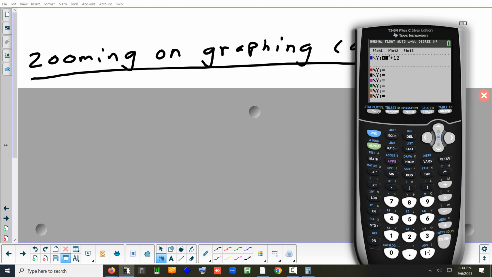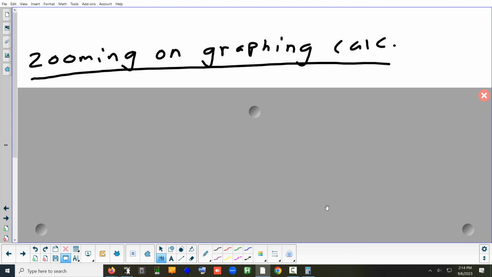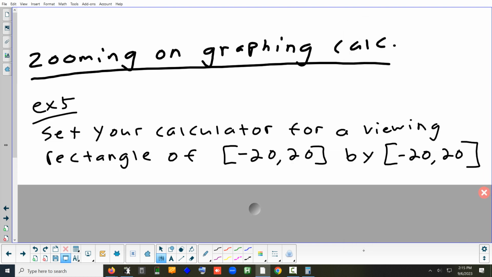Let me see what you typed in for the y equals in the upper left. That's plus 2, because I did plus 2, my fault. So this is going to happen a lot, where we draw a picture, it's not on the screen, we have to find it. So the way we're going to find it is we're going to practice changing what's called the window, or the viewing rectangle.